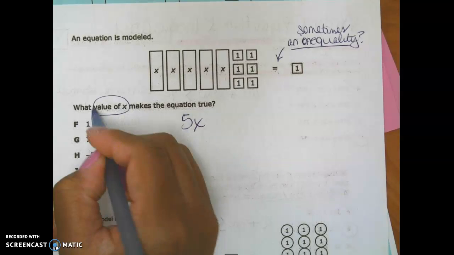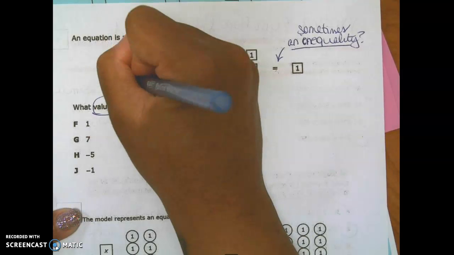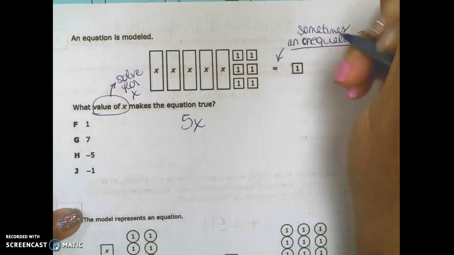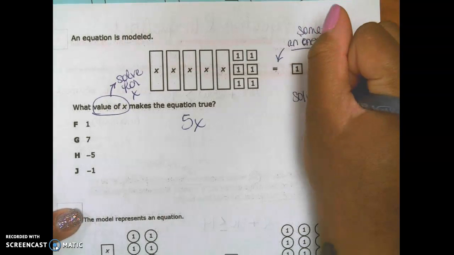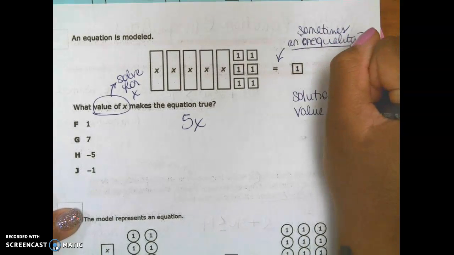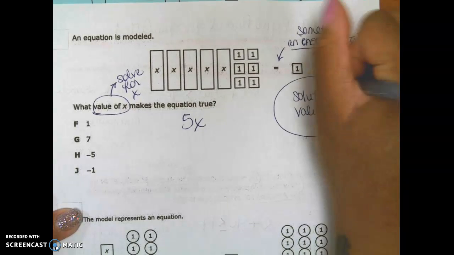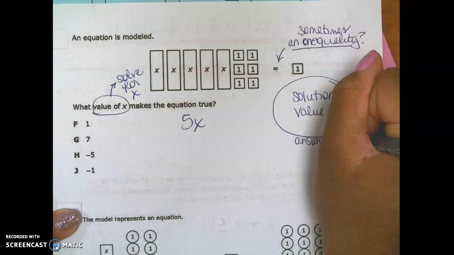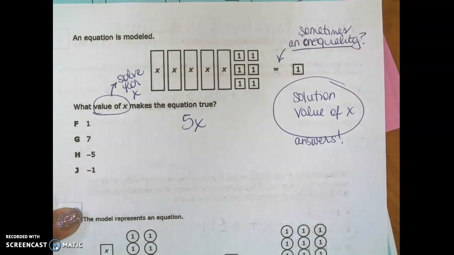When it says value of x, that means solve for x. When it says solution, value of x, these are all fancy ways of saying answers, please. Okay?